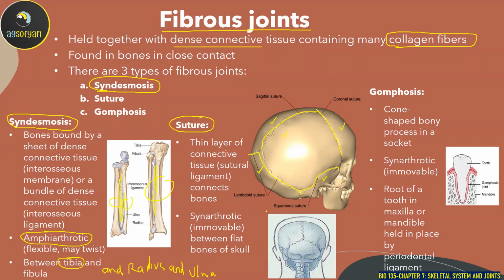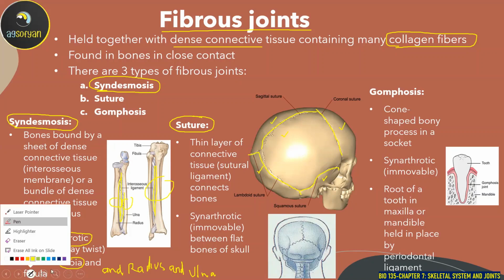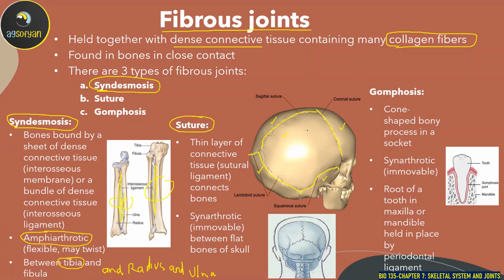Now if you see this, there are four types of suture on our cranium. The first one is this one over here. Okay, this is the first suture, which is between the frontal bone and the two parietal bones.